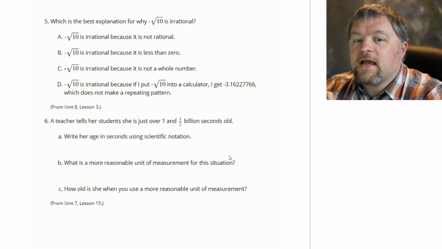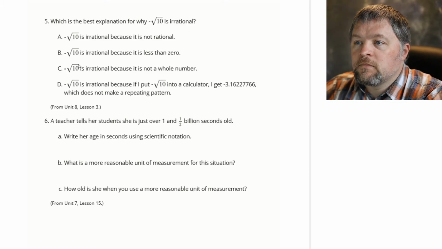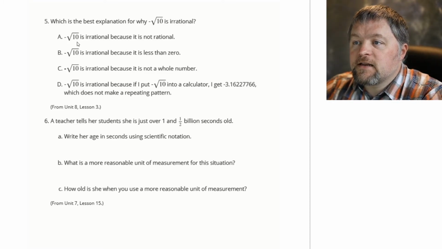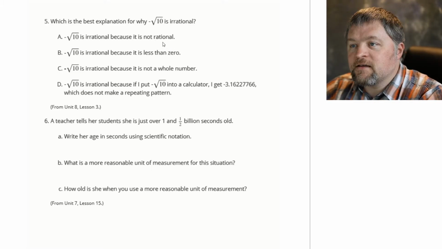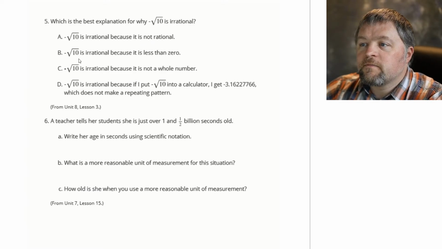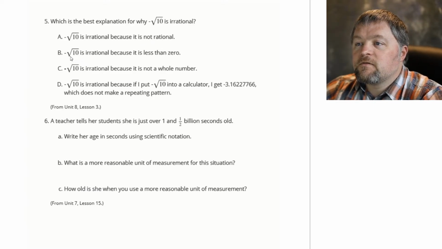Which is the best explanation for why the negative square root of 10 is irrational? The negative square root of 10 is irrational because it is not rational. That doesn't tell us anything new. The negative square root of 10 is irrational because it is less than 0.